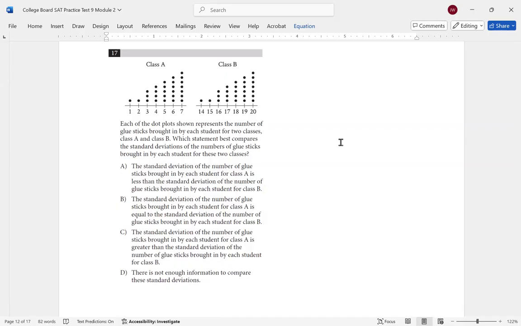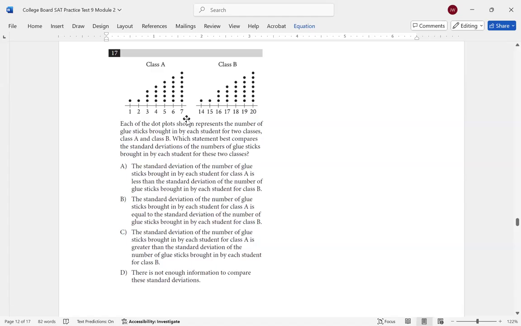So the standard deviation is how spread out the data is. Notice that while these numbers on the x-axis are different, the gaps are the same. So 1 to 2 is a gap of 1. That's the same gap as 14 to 15. So all of these are jumps by 1.